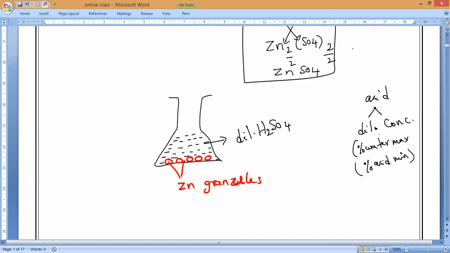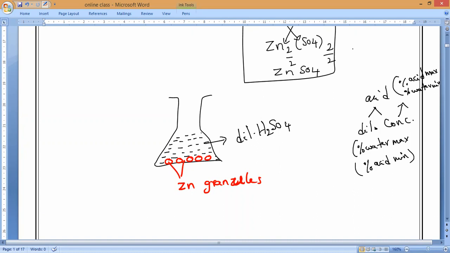Concentrated acid means the reverse: maximum acid and the water percentage is minimum. Understand, everybody?